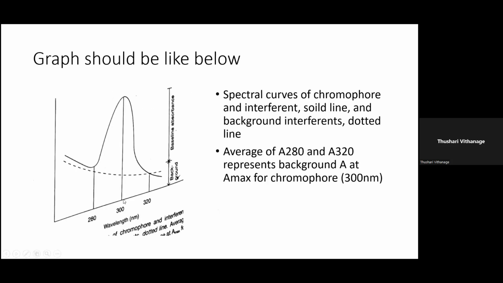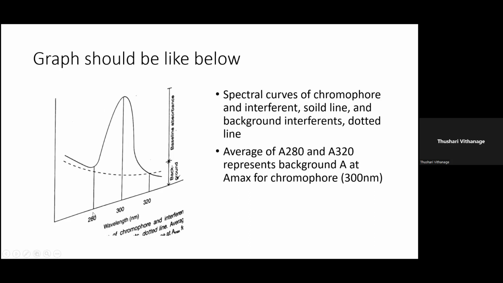If we take measurement at 300 nanometer wavelength, then this solid line is the spectral curve for the chromophore and interference. It indicates both. And the background interference is here, that dotted line.